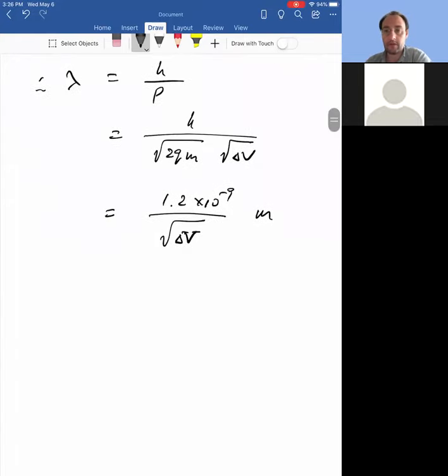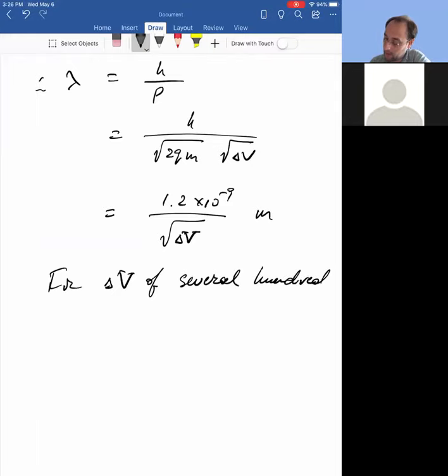Now, what kind of potential differences can you apply? You can put a 9-volt battery in the lab, you can plug it into the wall, you can get 100 volts, right? So for delta V of several hundred volts, we get something like, let's say if delta V is 100, the square root of that is 10, and then 10 to the minus 9 divided by 10 is 10 to the minus 10.